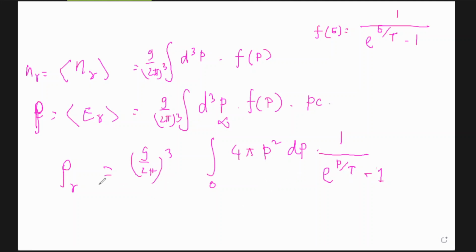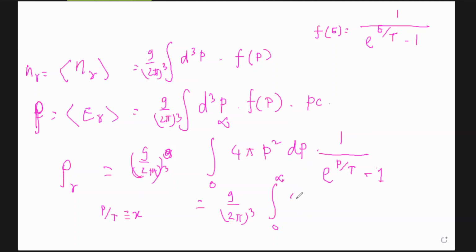They want to tell how this rho goes as a function of temperature. For that, you define a new variable, x equals p by T. So it still becomes g by (2 pi)^3. The integral limit still remains 0 to infinity only, because T is not infinity, so p goes to infinity.